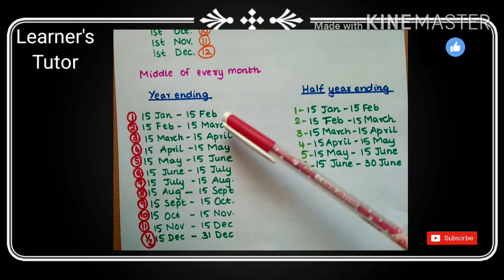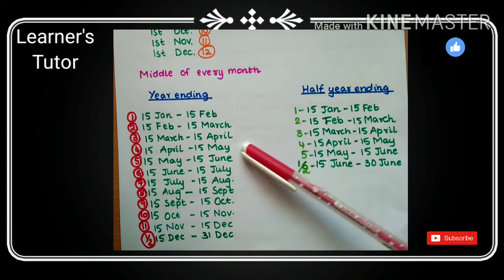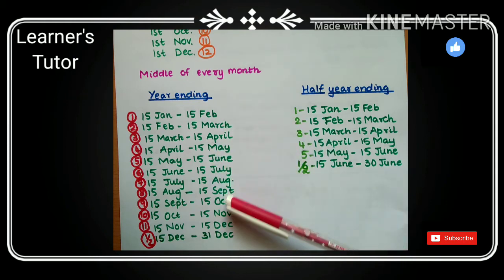So this is 1, 2, 3, up to 11. And remember here, 15th December is done. After that, 31st December. What is the shortest? From 15th December, we are going to get only 15 days. That would become half.